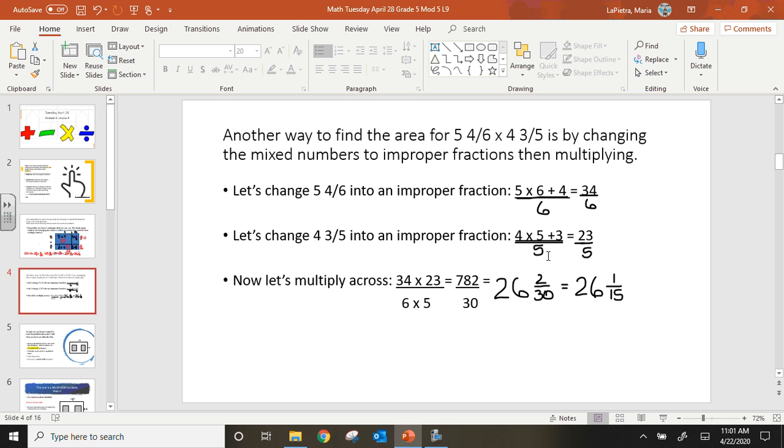Then I multiply across. 34 times 23 equals 782 over 6 times 5, which is 30. When you divide that out, you will get 26 and 2 over 30. And then I reduced 2 over 30 and got 26 and 1 over 15. Same answer you got with the other method. Totally up to you on which one you would like to use.